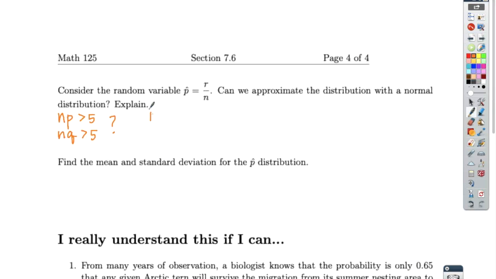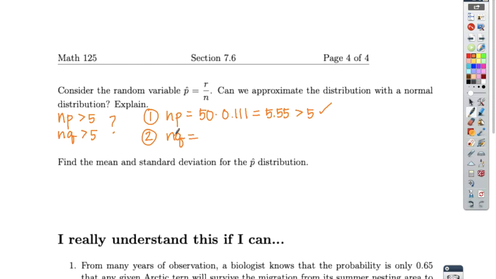Let's first check np. np equals, n is 50, p is 0.111, and so when I throw that into my calculator, I find 5.55, which is greater than 5. So that test is passed. And then the second thing we need to do is check that nq is also greater than 5.